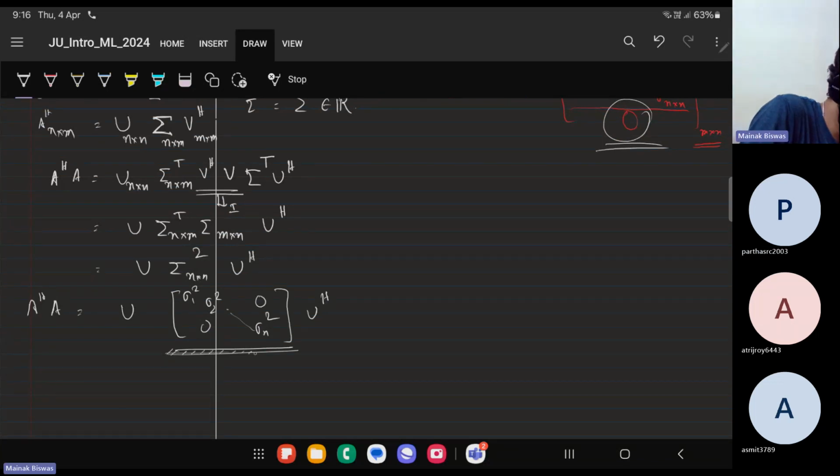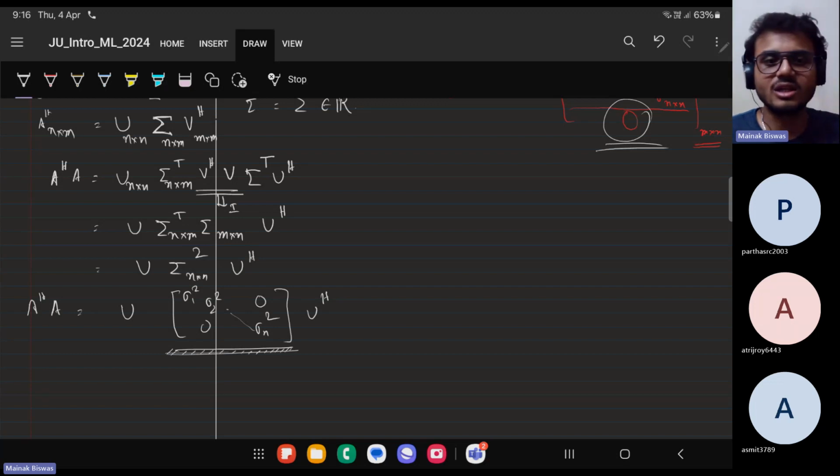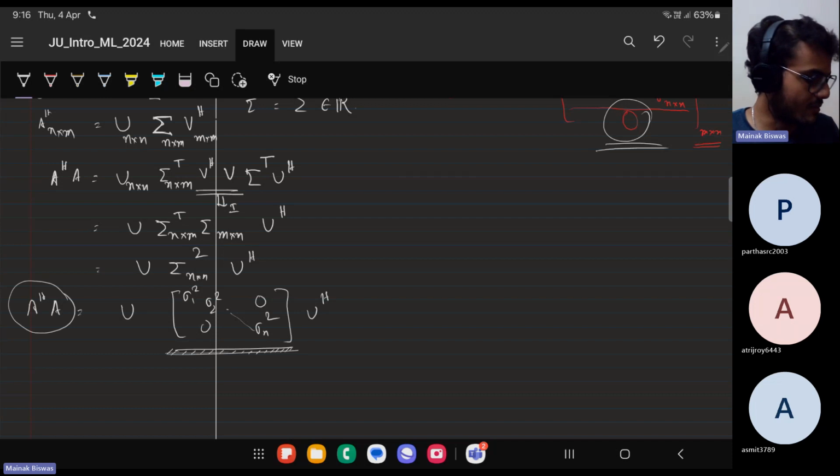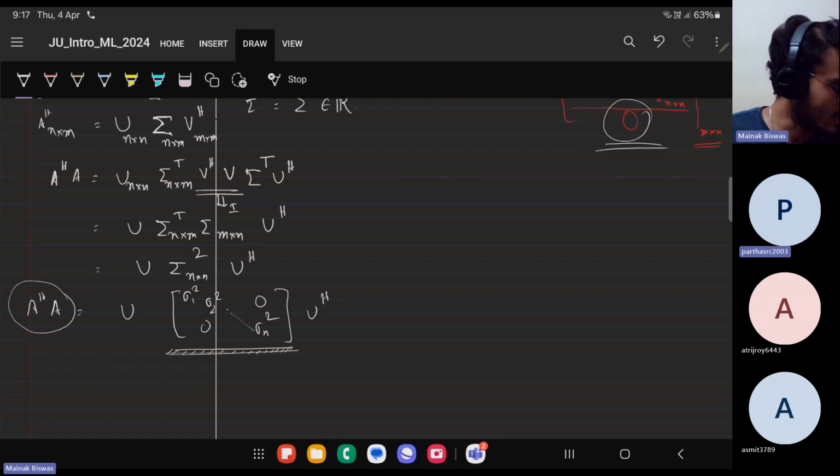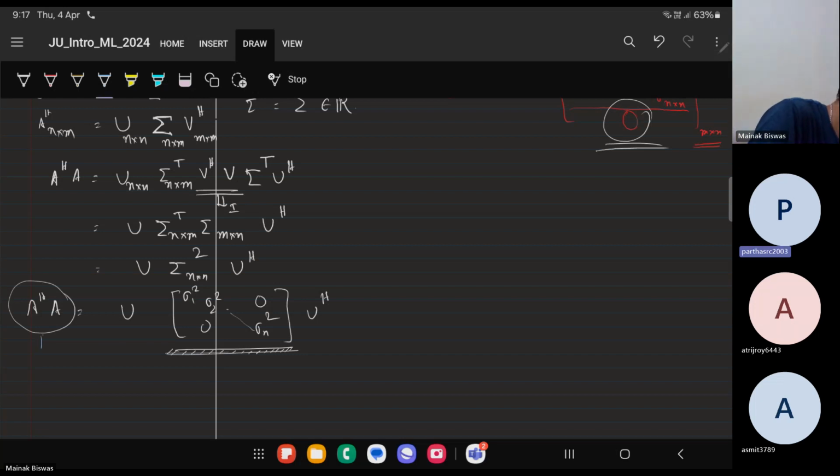For a symmetric matrix, we had seen this: A Hermitian A is symmetric, right? Symmetric means all eigenvectors are perpendicular, orthogonal. So the eigen decomposition of A Hermitian A we already know. A Hermitian A is nothing but an eigenvalue decomposition. If you take x_i, then A Hermitian A x_i is sigma_i squared x_i. Yes or no?